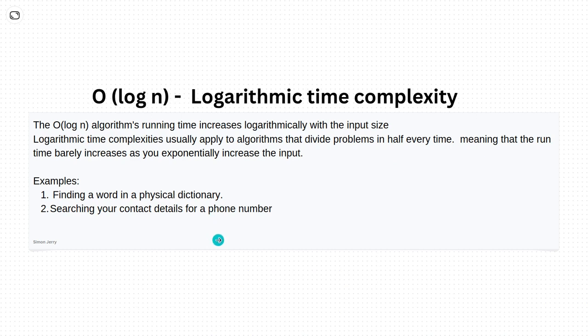What are examples of O log n in real life? The first example is finding a word in a dictionary. Let's take an example where you want to find a word that starts with S, for example, secondary or senior. The first thing you will do is open the dictionary in two parts, the left hand part and the right hand part.